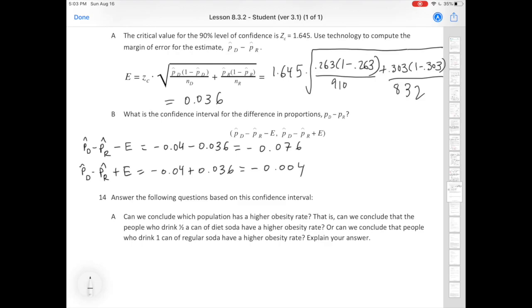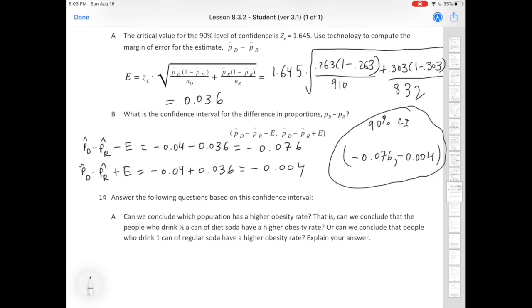So the confidence interval is negative 0.076, negative 0.004. Okay, this is the 90% confidence interval.